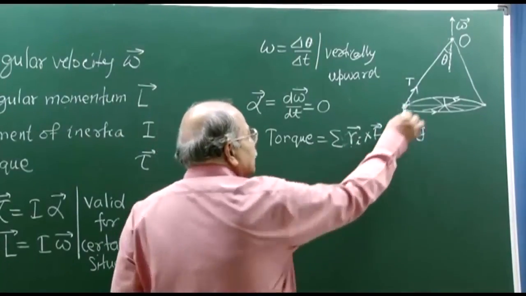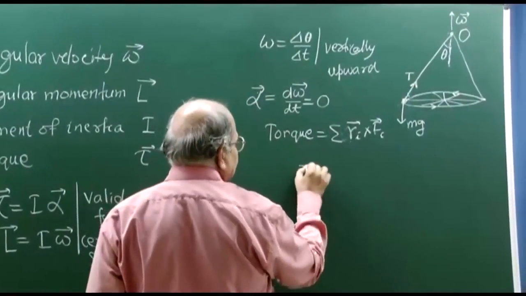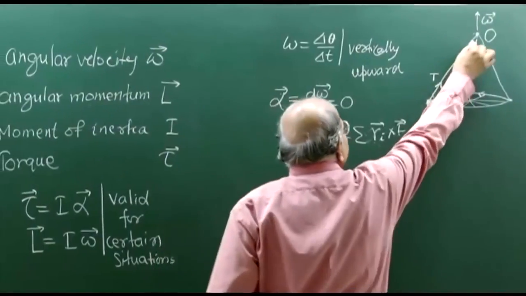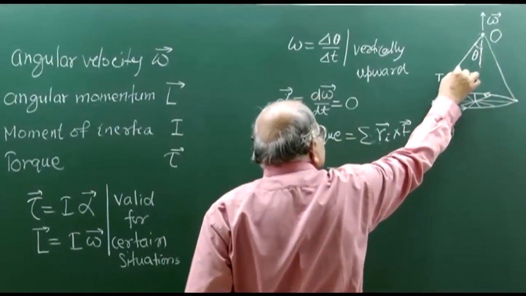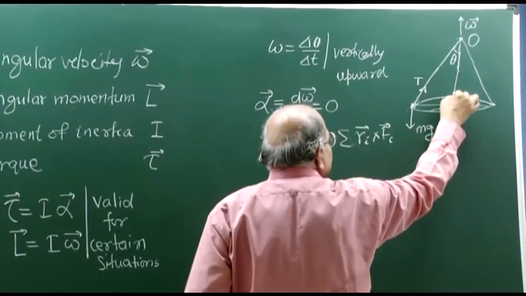So, torque of this tension is 0, torque of mg you have to write. Once again Ri is from the origin to this point. Let me write some letters.